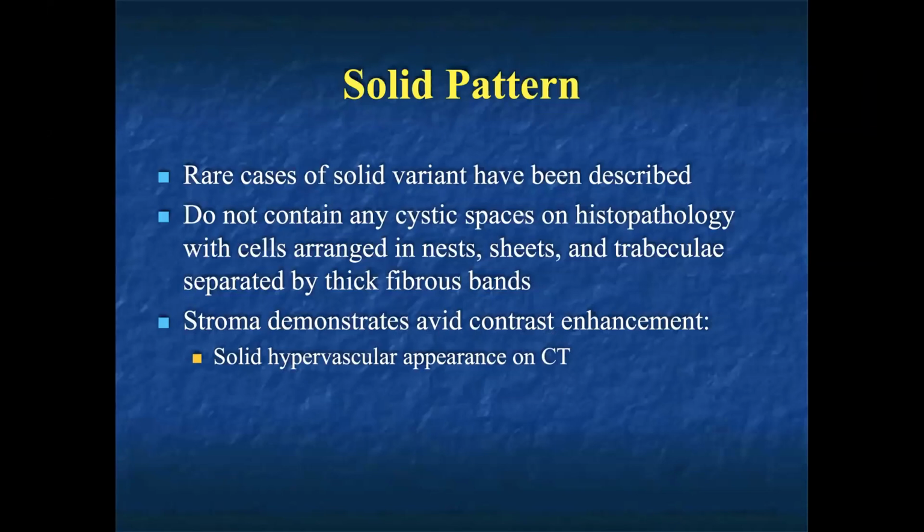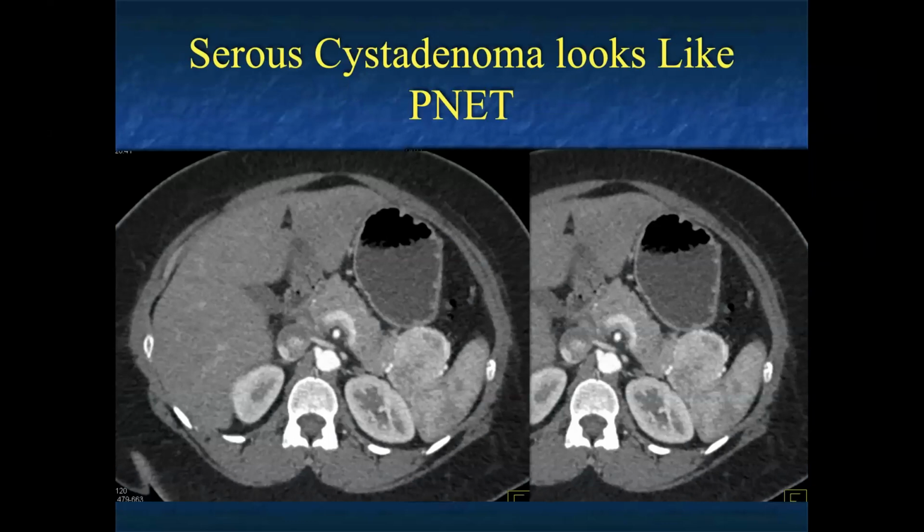The solid pattern is rare, less than 5% of cases, but it's challenging. The reason it's challenging is when you have a serous cystadenoma, like this case with a solid component, because of the solid lesion and the vascularity, in my mind, and what I'm dictating, is I'm concerned about a neuroendocrine tumor.